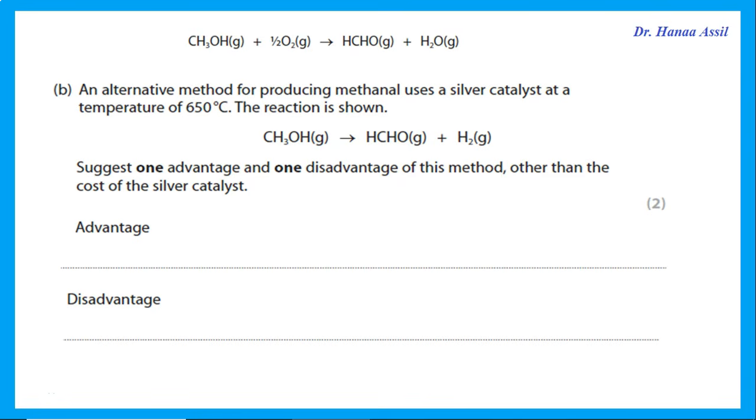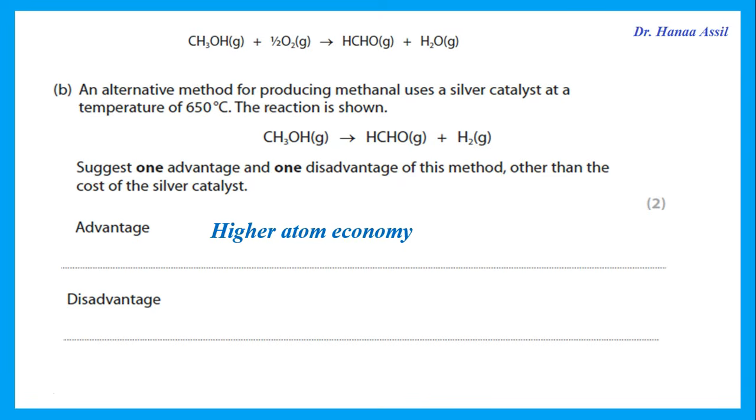You can see that in the second equation, the products would have lower molecular mass, and that means that second equation would have higher atom economy. Do we remember how to calculate atom economy? Atom economy is the molecular mass of the required product, so in this case the molecular mass of methanol, over the total molecular mass of all products.